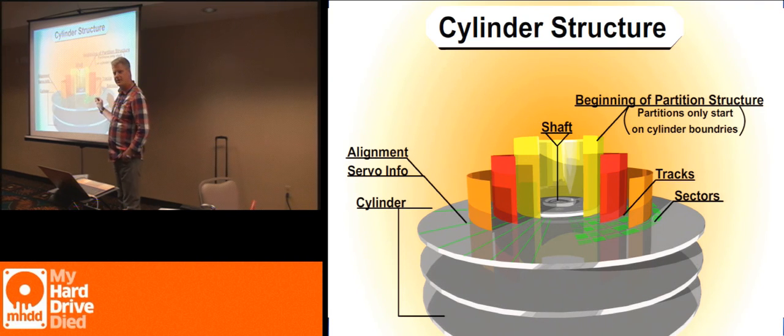You can go back and have arguments with people about it. It must begin on a cylinder boundary. So what that means is, if you have a track and the track starts here, the segment for all the cylinders that goes all the way through that can only begin on one side of one disk, on one platter, on one track. Not in the middle. Your partition cannot start here. Your partition cannot start here.